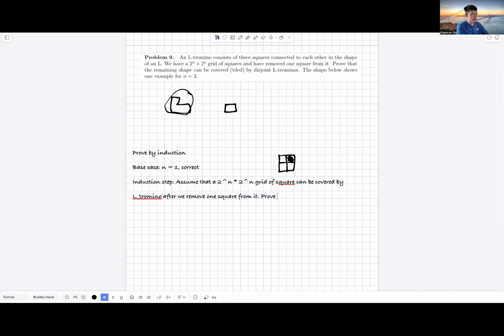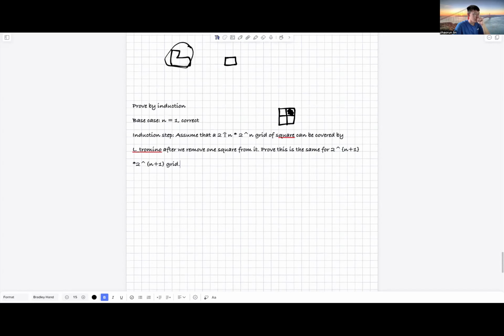We have to prove that this is the same for the 2 to the power of n plus 1 times 2 to the power of n plus 1 grid. So we have to prove this.